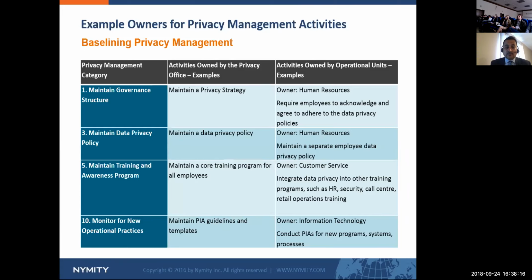Or for maintain data privacy policy, the Privacy Office maintains that policy. HR maintains a separate employee data privacy policy. So just as an example, when you're baselining the differences in activities between the Privacy Office and the operational units, both have a say in a robust privacy program. I think it's self-explanatory. Okay.